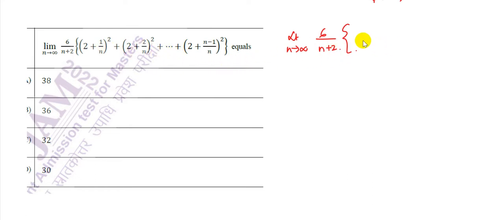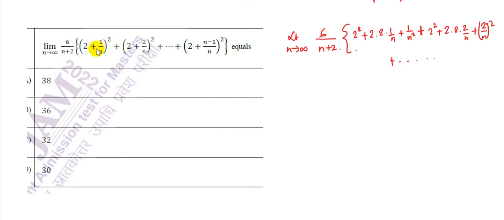So you get 2 square plus 2 into 1 by n plus 1 by n square, plus 2 square plus 2 into 2 by n plus 2 by n whole square, and so on up to the last term, which is the n minus 1th term.